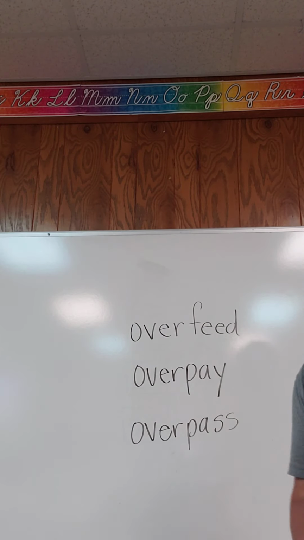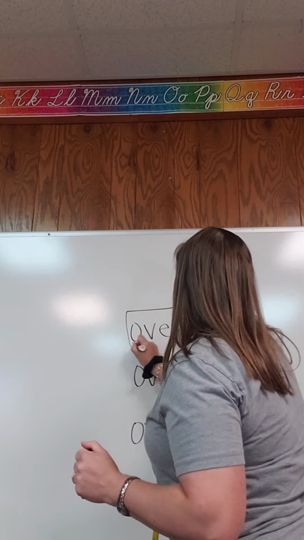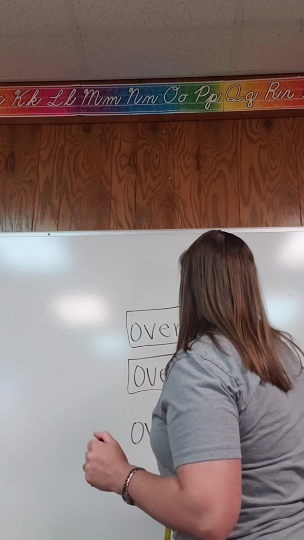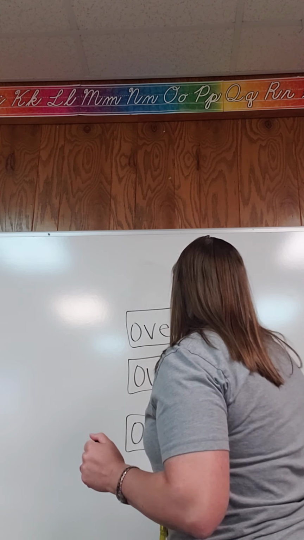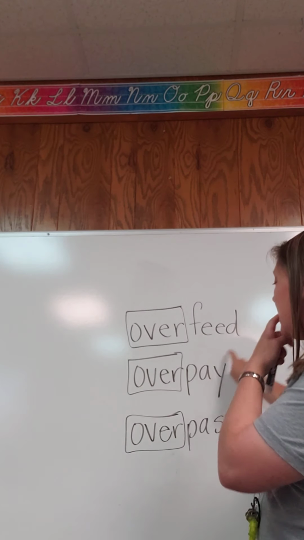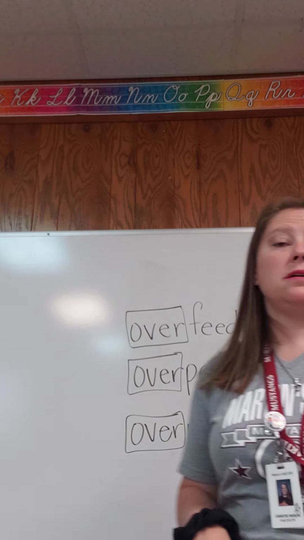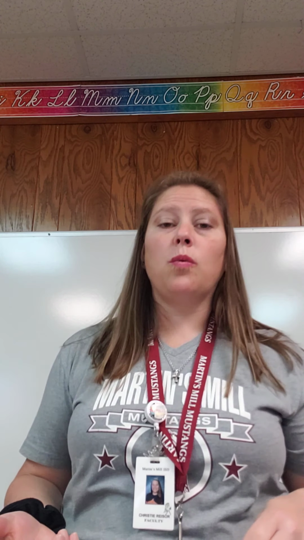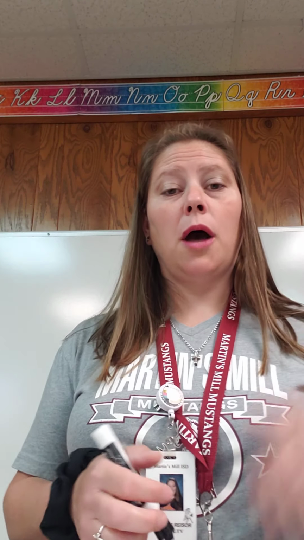See if you can identify the prefix in each of these words. If you said box over, you are correct. Again, when you pull over off of these words, you are left with feed, pay, pass. Okay, now most of you know what over means, okay, above.